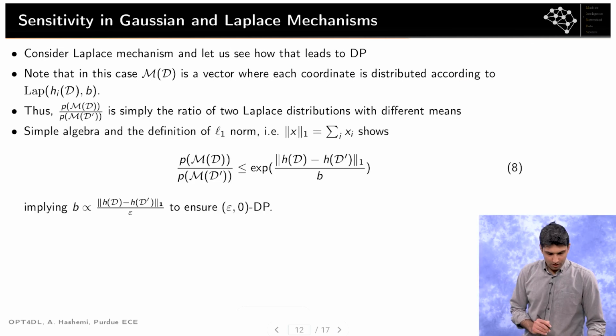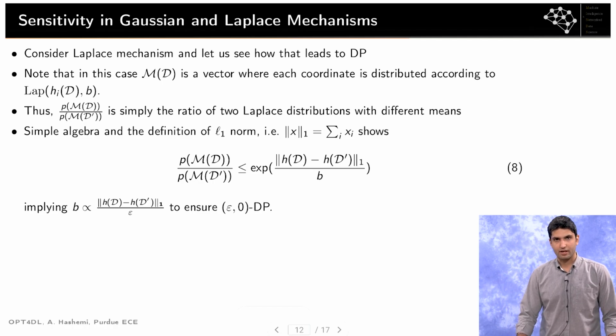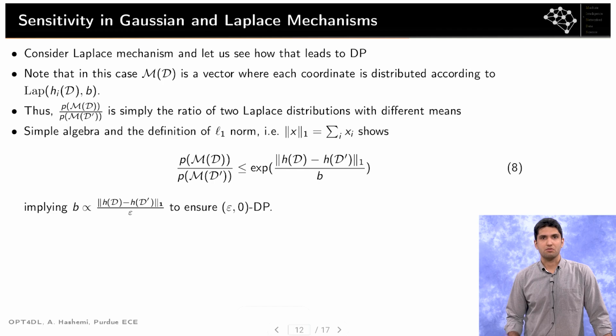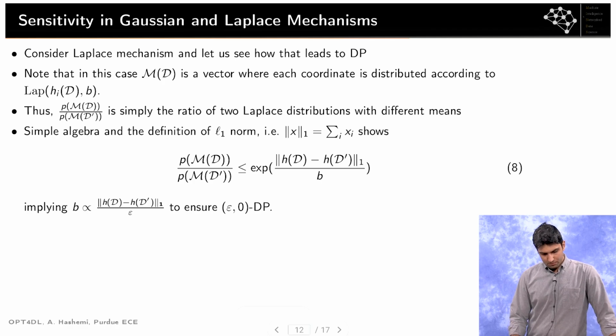Okay. Now we're going to do some simple calculation for the case of Laplace mechanism first, and then we are also going to state the result for the Gaussian case because that calculation is in some sense more involved. So let's consider the Laplace mechanism.